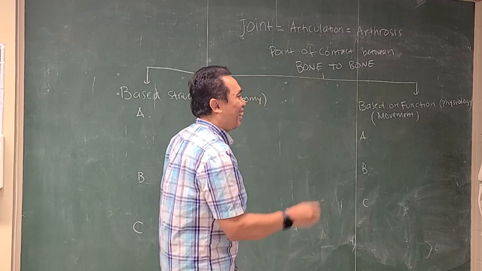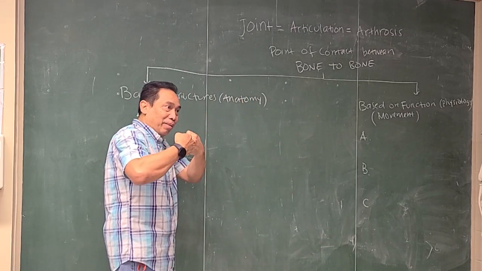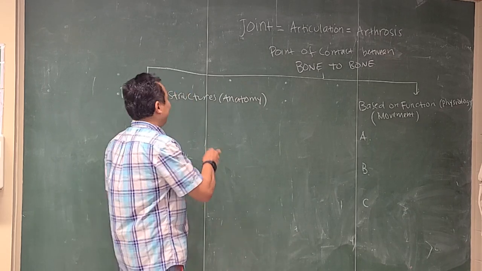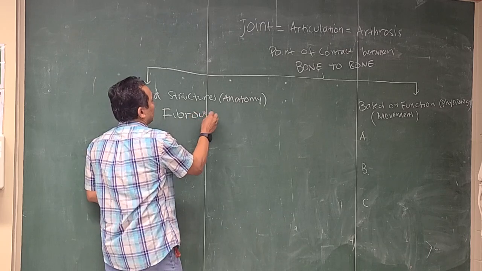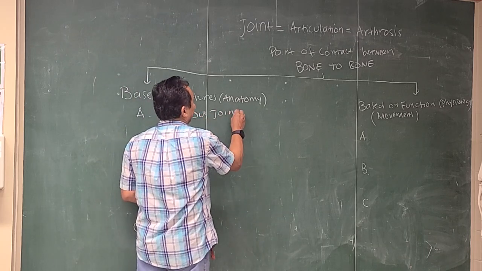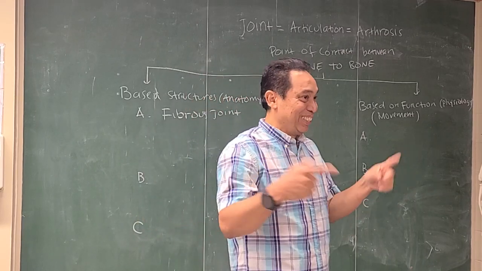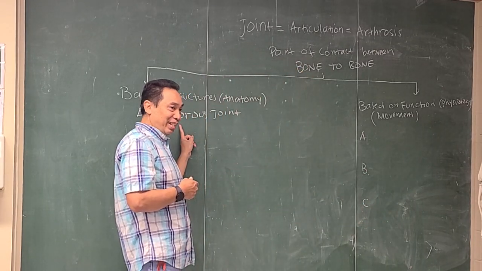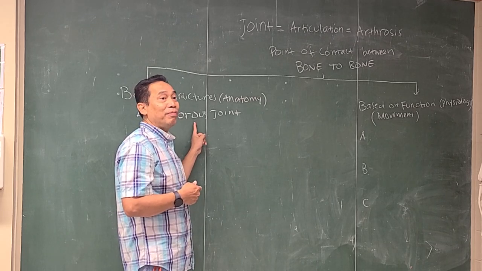The first one: if the bones are connected by fibers, that joint is called a fibrous joint. See? Even Dalton can name it easily. Why? Because it's just easy. Based on the structure, if the joint is made of fiber, then the name is going to be fibrous joint.